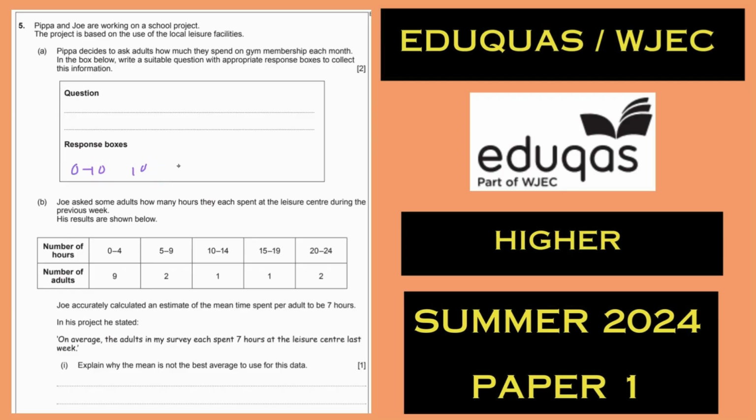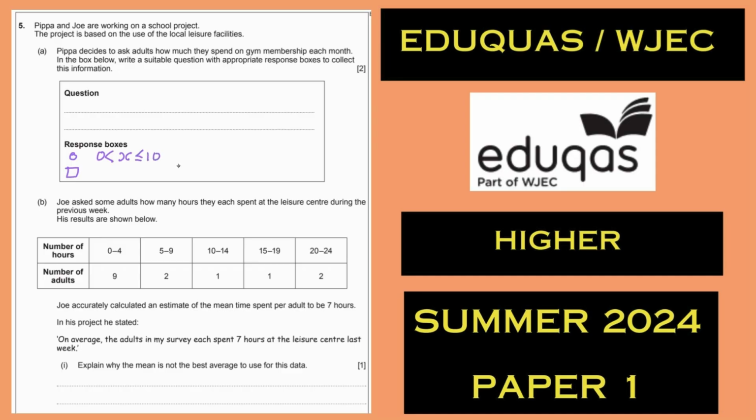What I would suggest when you do your response boxes is, first of all, don't have too many. I've gone on my written out answers, I've gone for a 0, and then I've gone for above 0, so doesn't include, up to 10.